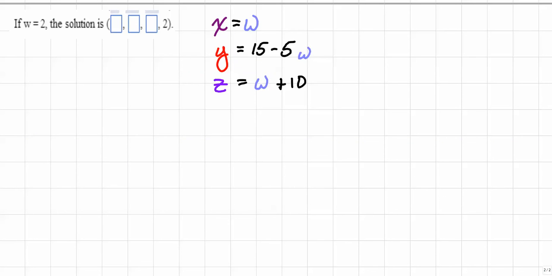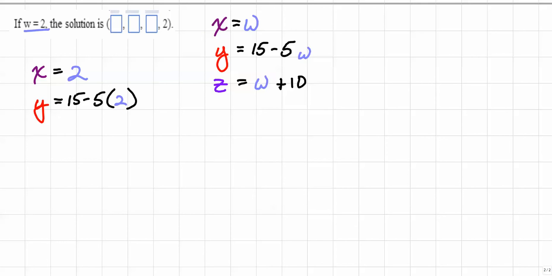Alright, so once again we've got our system, and we're going to let W be equal to 2 here. So that means that X will be equal to 2. And Y will be equal to 15 minus 5 times 2.